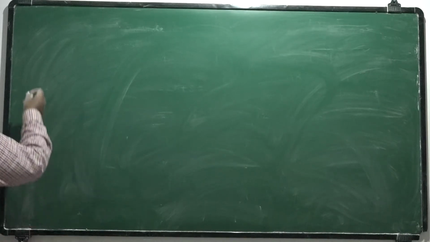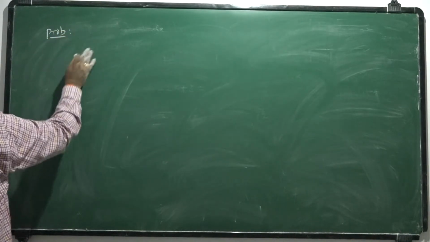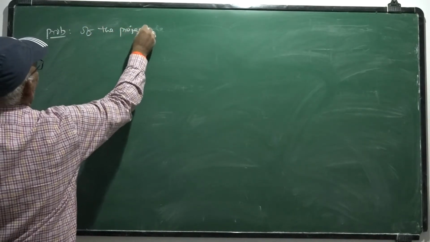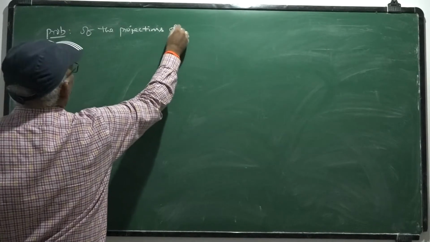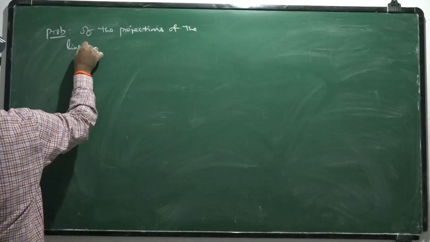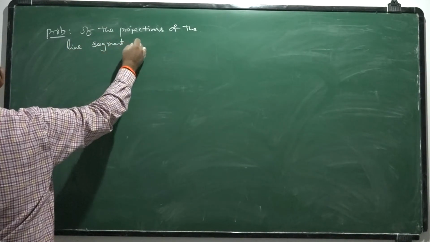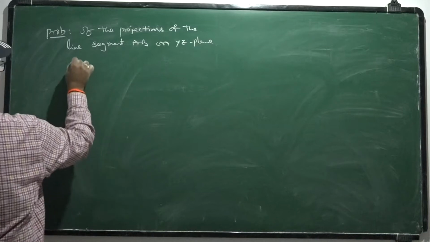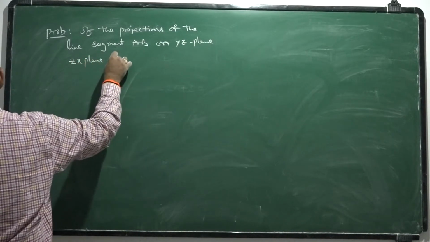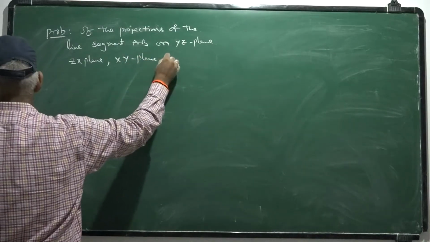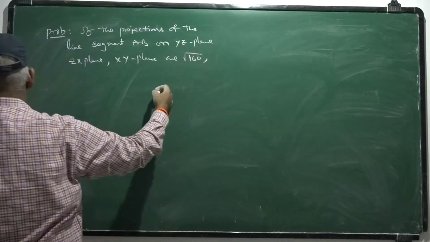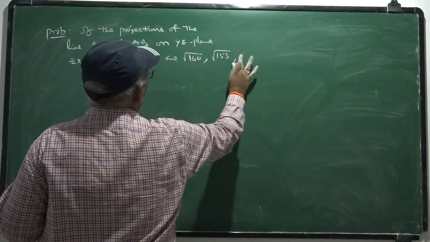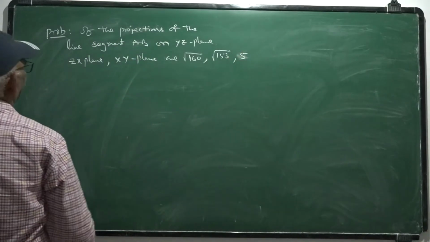This is one more important one. The projections of the line segment AB on YZ plane, ZX plane, XY plane are root 160, root 153, 5 respectively.